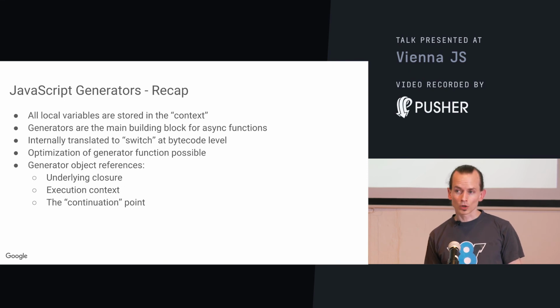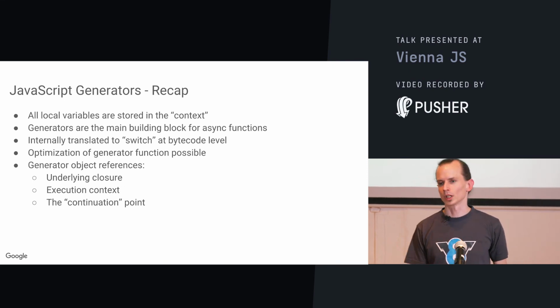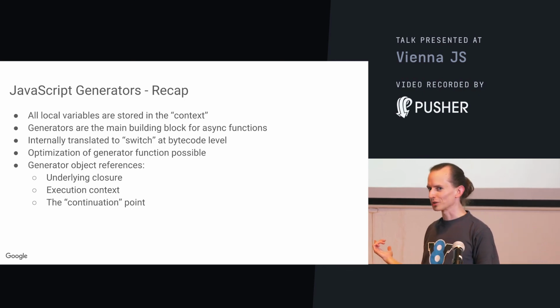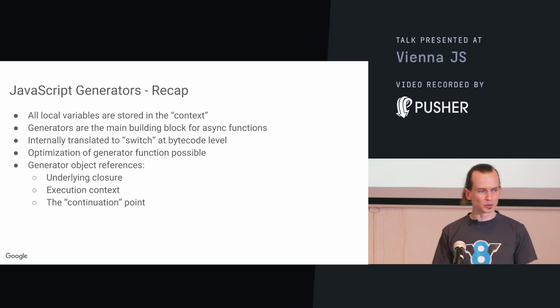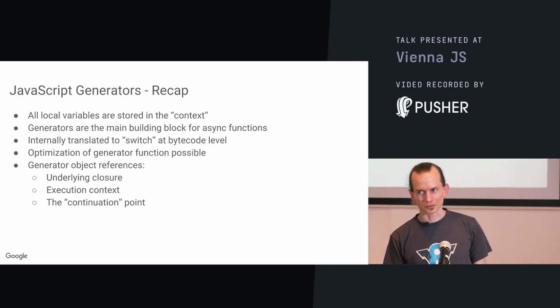So basically, the only drawback you get from generators is this slightly slower variable access. But the slower variable access you might have experienced with functions already, because as I showed in the previous examples, context allocating of variables is nothing new. So in essence, the upside of that is we can optimize generators pretty good. So you shouldn't be afraid of using them. They should only get faster in the future.